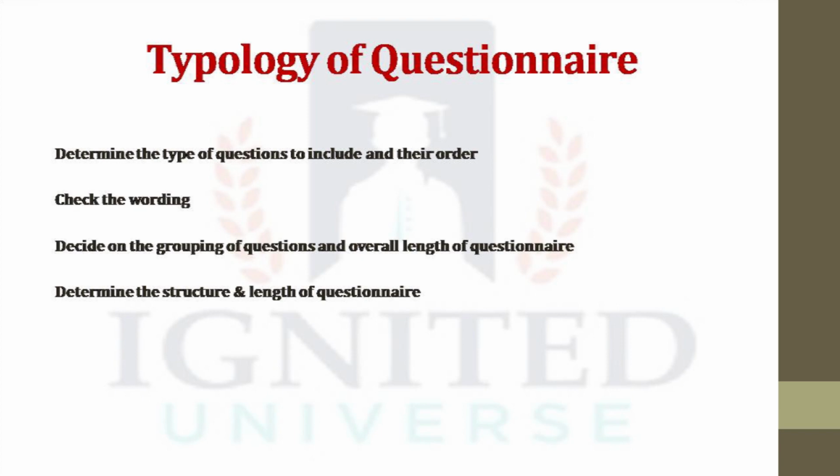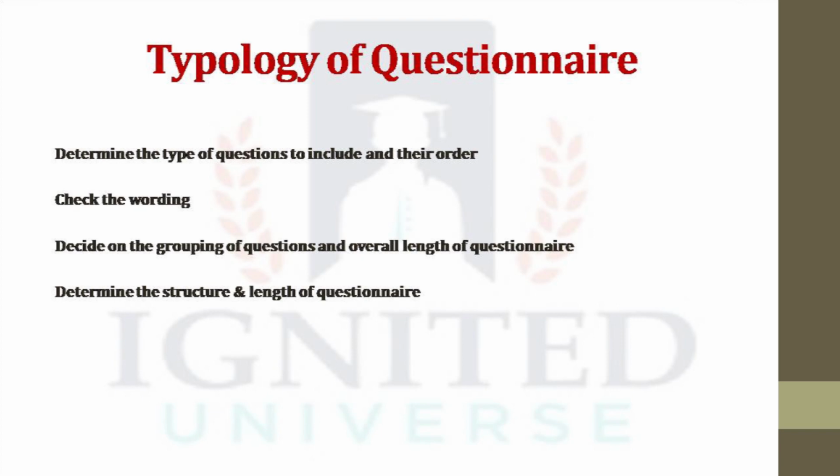A better way to put this question is, in a typical month, how often do you visit a store? Less than once, 1 or 2 times, 3 or 4 times, or more than 4 times. By writing the same question in this manner, we'll improve the response rate of the questionnaire.